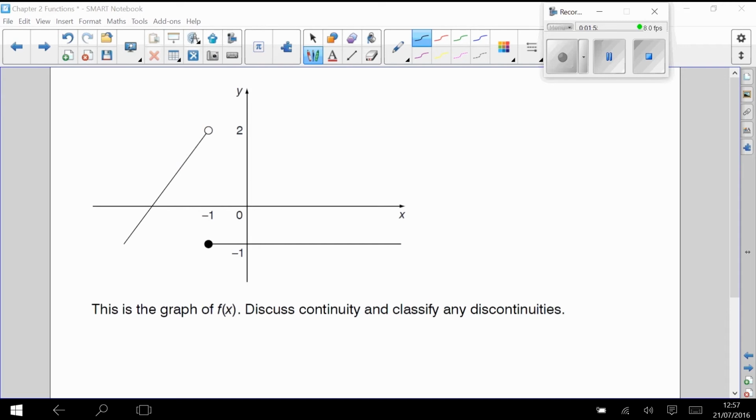The jump discontinuity is shown very clearly over here in this split graph. You can see that I have an increasing gradient straight line on the left of x is equal to minus 1, and I've got a horizontal line on the right of x is equal to minus 1. At x is equal to minus 1, my height is minus 1.